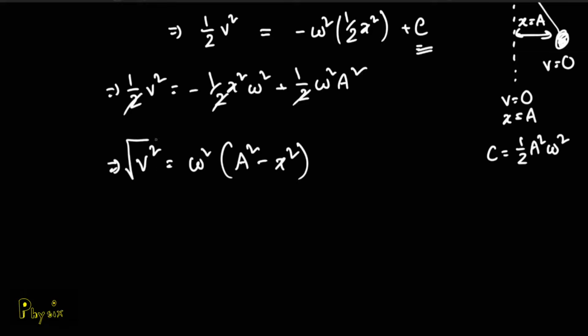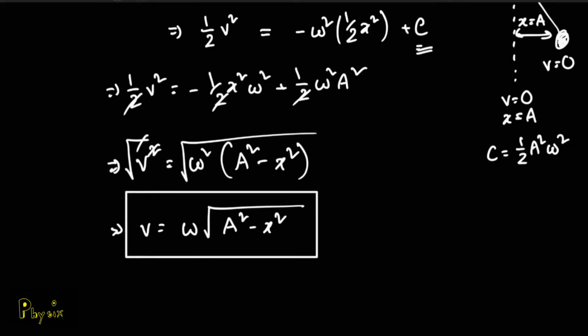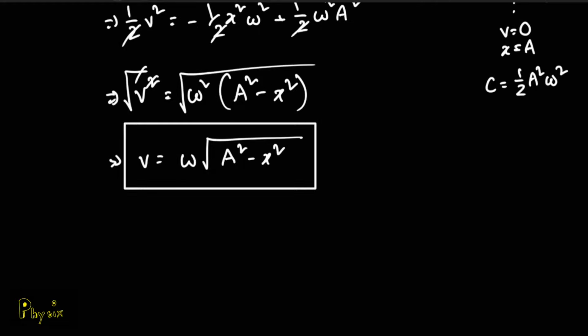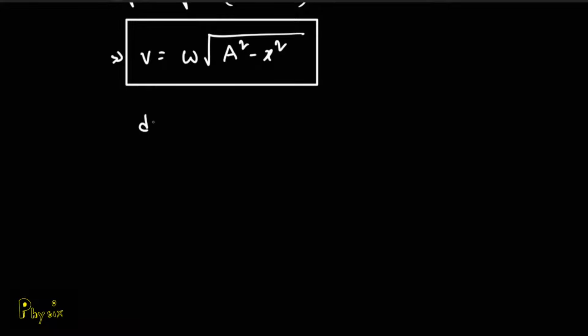By taking the square root of both sides, v is equal to omega times the root of a squared minus x squared. But this is the velocity, and we want the equation for its position. So we can write v as dx over dt, but we take the dt to the right side, and thus we are left with this equation.